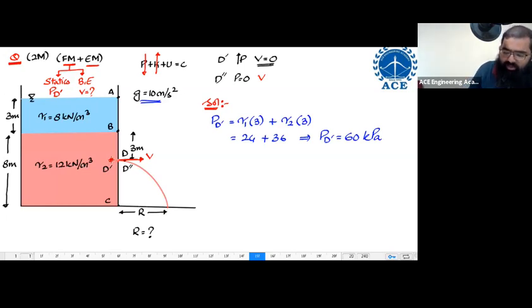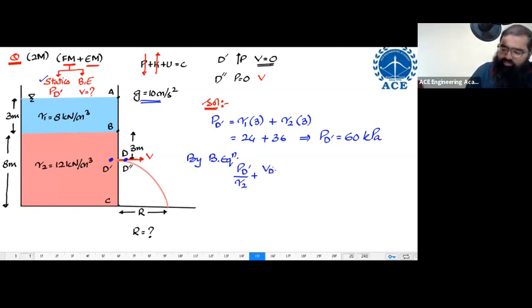Next, from here to here, I can apply the Bernoulli equation between these 2 points. So the first topic is done now. By Bernoulli equation, what do you have now? You have over here PD prime divided by gamma, which gamma? The fluid has gamma 2 only.